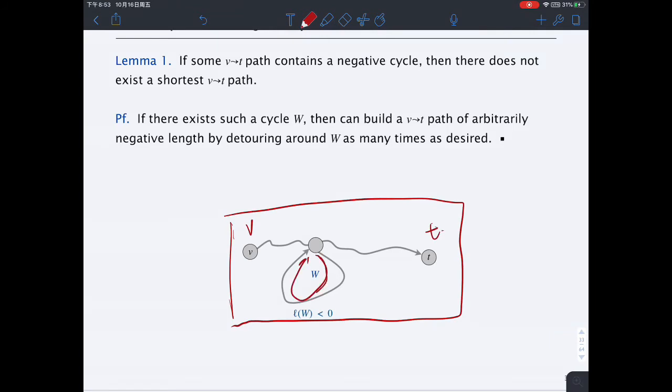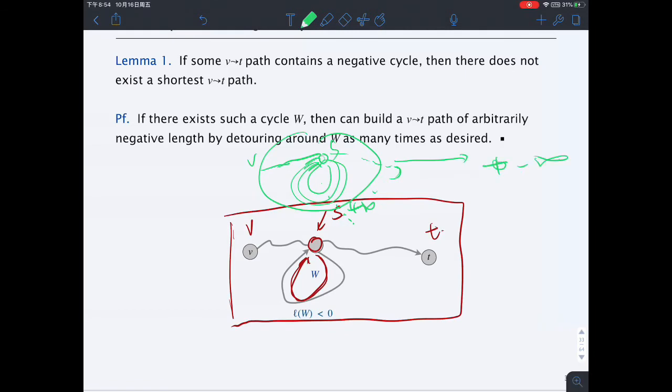Imagine we do want to travel from V to T. If there's a negative weight cycle passing through a particular node over here, let's call this node S, then we can just keep running. When we construct the shortest path in this manner, from V to S, and travel again, then if we travel an infinite number of times, the whole path over here is going to be negative infinite. So we want to say that this is not really a well-defined problem.